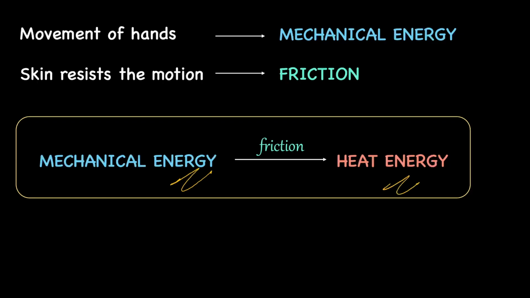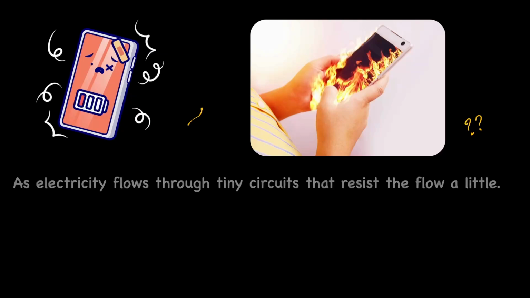Now let's look at another idea. Here let's talk about our phones or our laptops. When we use them for a long period of time, they start to heat up. So why does this happen? Inside the phone you will find many tiny circuits through which the electricity flows. And these tiny circuits resist the flow of electricity a little.